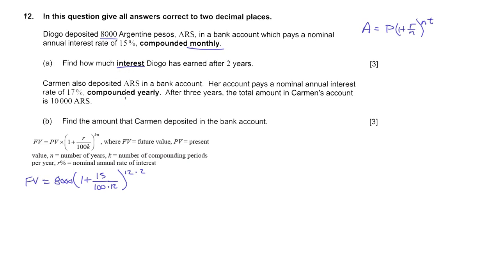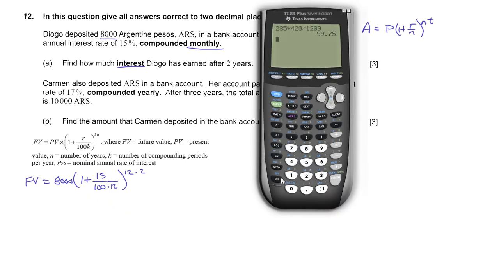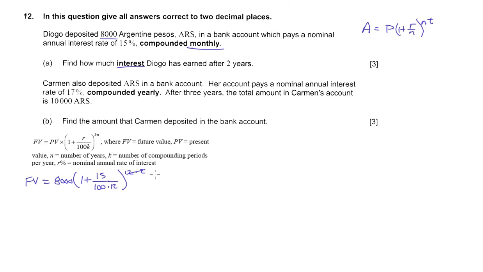But remember, they're asking us for our interest. Anyway, let's figure this out first before we get too ahead of ourselves. So let's put this in. We got 8,000. I'd put it in just like it looks, except we normally multiply this out first so we don't mess that up. So 12 times 2 is 24.